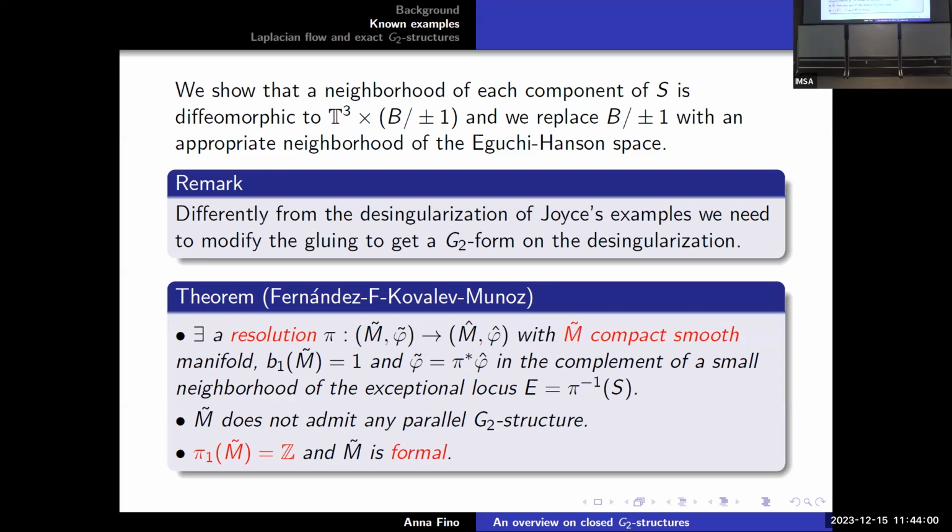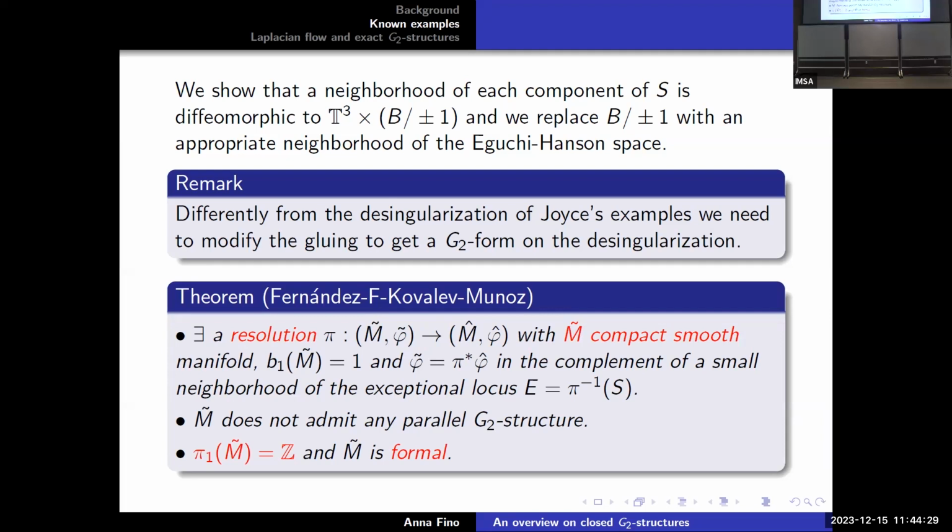Here is where we apply a similar thing like in the case of Joyce's examples, but we need to modify the gluing. So the gluing is completely different. And we show that we have our resolution. So we get an example which we also show does not admit a hyperbolic structure. The fundamental group does not change when we take the resolution, and it's equal.